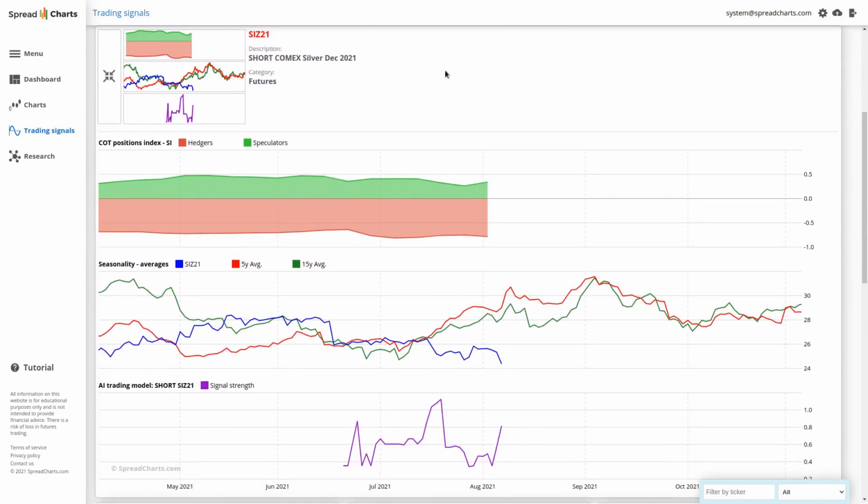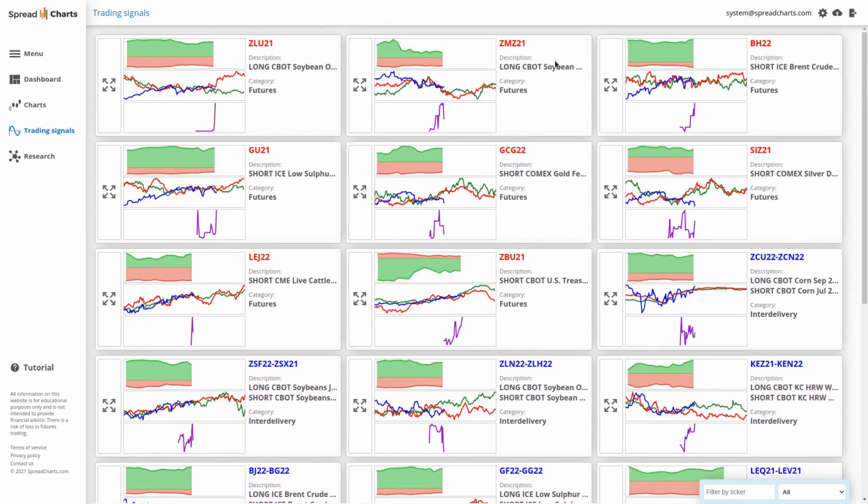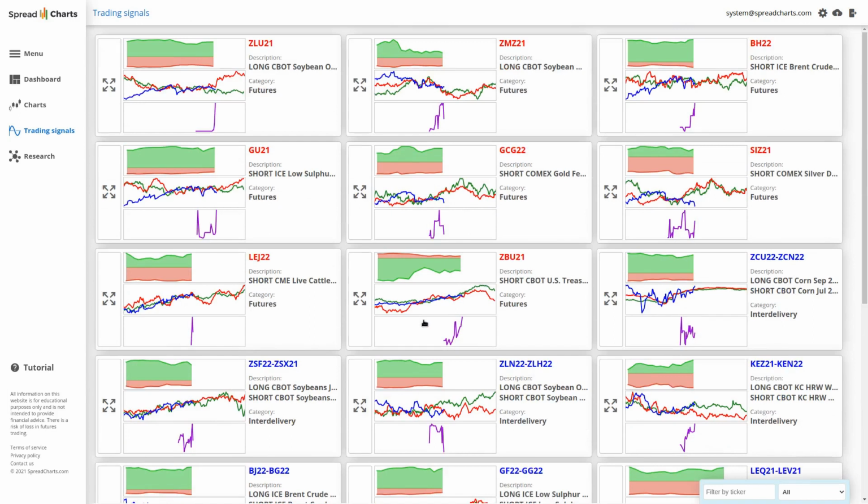The default view is great when you want to quickly browse through all the currently active signals and scan the market in a short time. However, the miniature chart, the thumbnail, is without axis. It's just an image, so it's intended to get a quick look into the market.